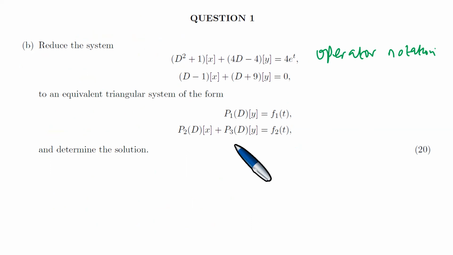So how different is this form from the actual thing that we obtained? Because they said it must be of this form. So how different is it from this one?